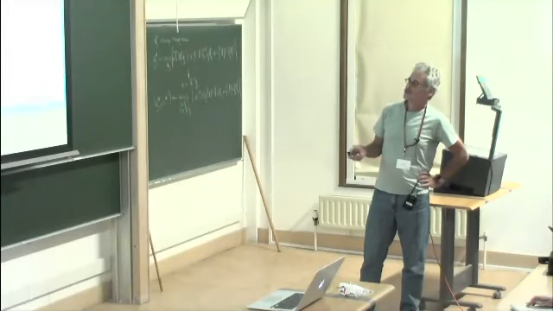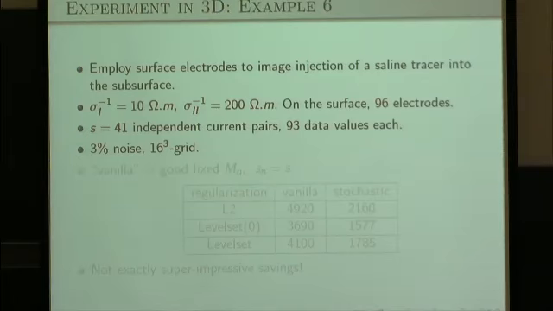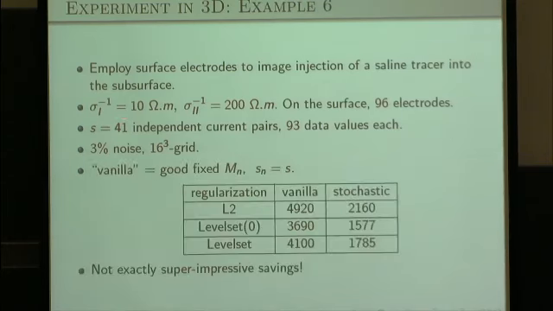I wanted to show you also something in 3D. It won't take long. Again, something close to what I showed you before. 41 experiments in 3 dimensions. This is a comparison to, we chose a good M sub n and fixed it. This is the plain vanilla algorithm, and compared to the loaded version of both our algorithms, the adaptive PCG iterations and the stochastic.